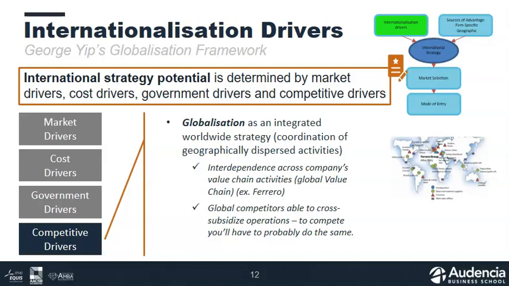So if you want to compete in a marketplace and you're competing against somebody that's cross-subsidizing a loss in one market with a profit in another, you may have to be able to do the same to compete. So globalization is actually pushing companies that didn't have to be global to become global in order to compete, and to have the advantages that their competitors have.